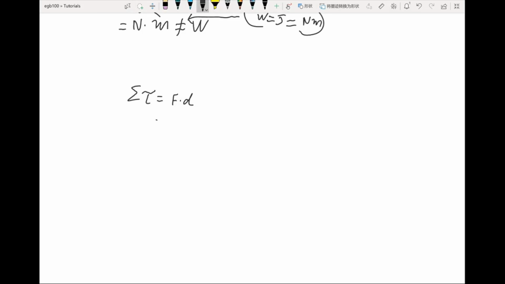But if this is equal to 0, so it's not moving, we're just going to get 0 is equal to the sum of the torques. This is what we start off with in all questions. It makes it very easy to figure out an answer if we know it's rotating, or if we don't know if it's rotating.